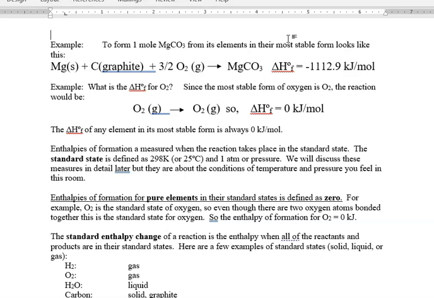So H2 would be 0, N2 would be 0, magnesium solid would be 0. Any element in its most stable form is going to be 0. Enthalpies of formation are measured when the reaction takes place in the standard state.